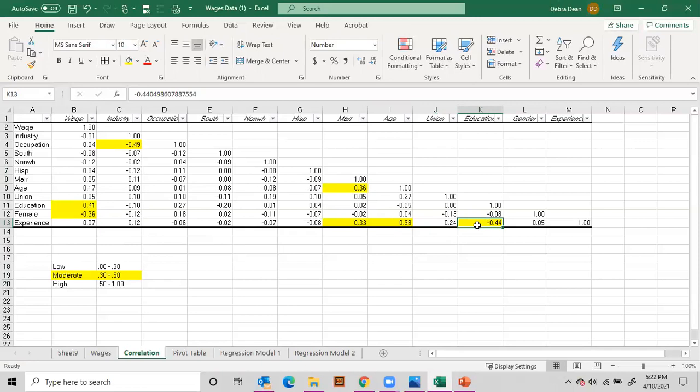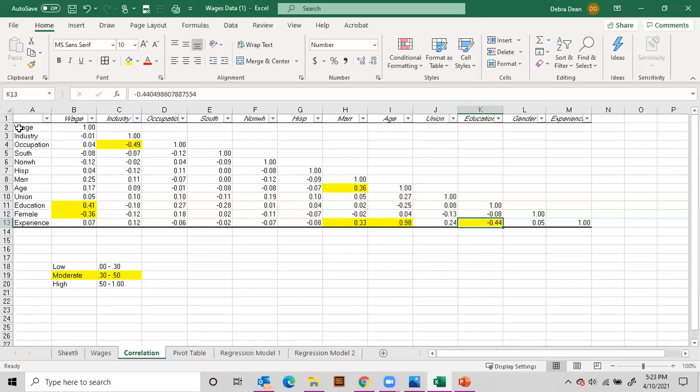The more experience we have, the less education, which makes sense too, because many people go to college right after high school, and those years while in college, they've lost the opportunity to work. Or vice versa. If they start working right after high school, then they have lost an opportunity for education. So that's an inverse relationship in that way.